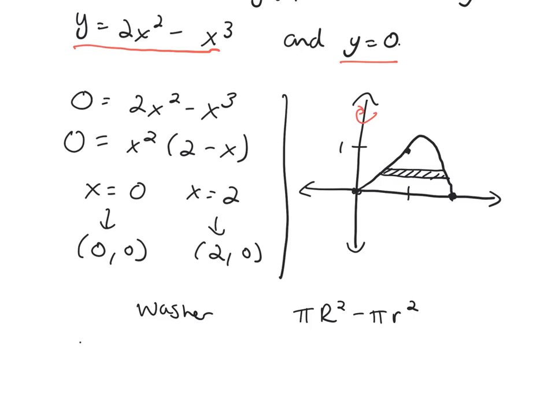So if you look at your strip, there's a left and a right, which means I should integrate in terms of which variable, x or y? y. We want to integrate in terms of y.